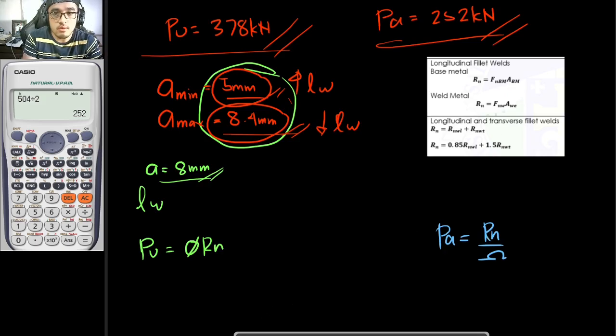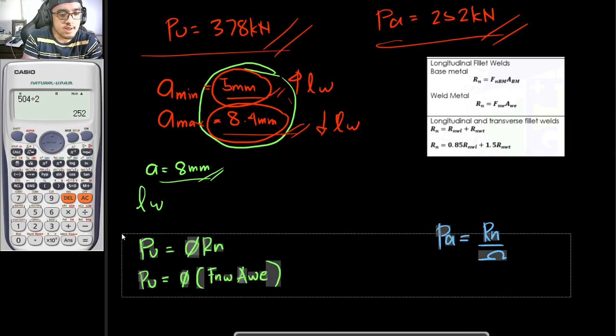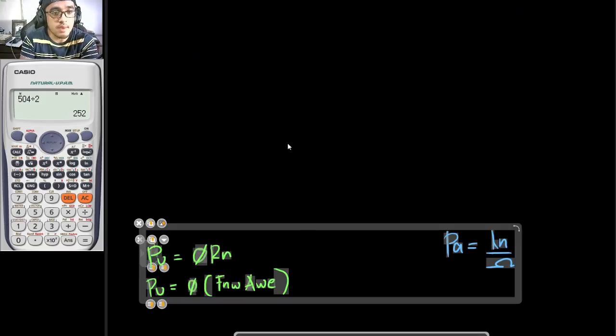And if we are to use these formulas right here respectively, PU is equal to phi RN and our RN is equal to FNW times AWE. By the way, I would just be copying this to the next slide so that we would be having space.